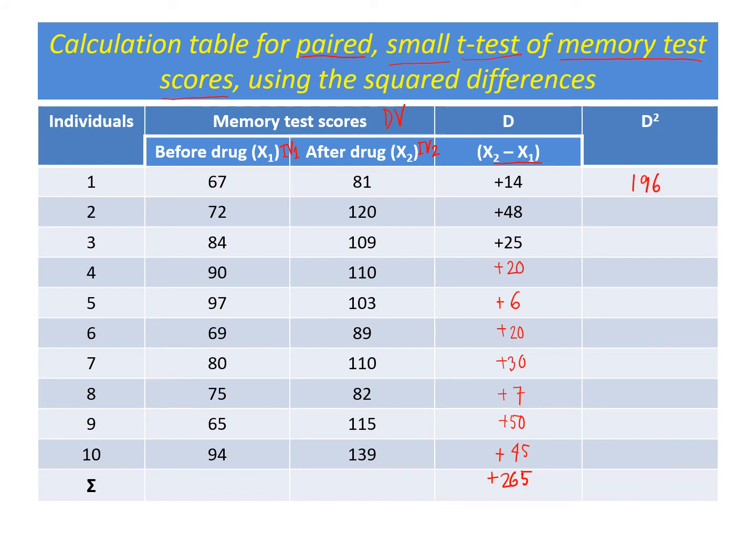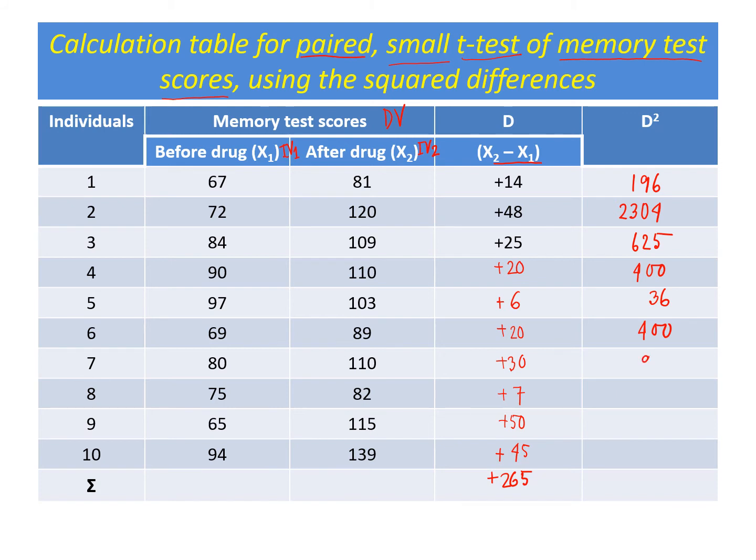What is 48 squared? It will be 2304. Very good. Then 25 squared is 625. Then 20 squared is 400. 6 squared is 36. Again 400.